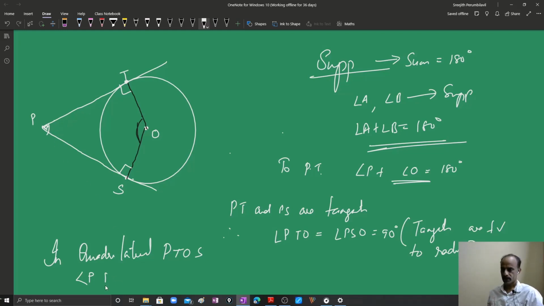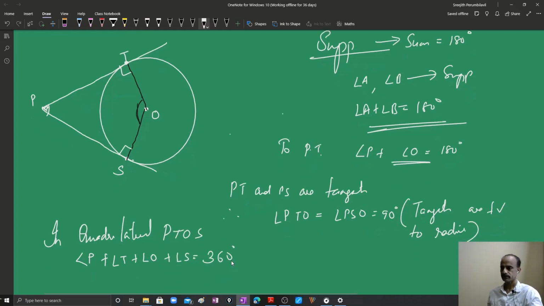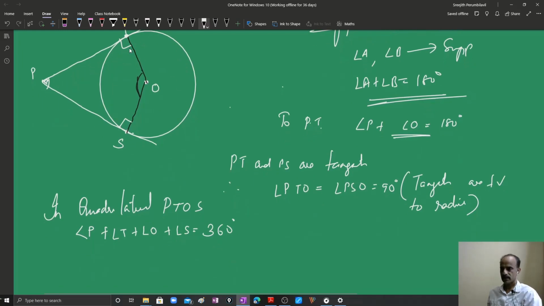Angle P plus angle T plus angle O plus angle S is equal to 360 degrees. Here angle T means angle PTO, and angle S means angle PSO.